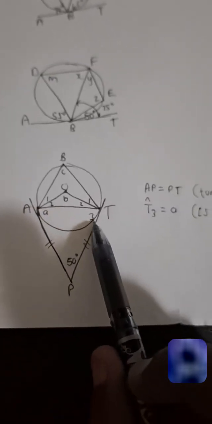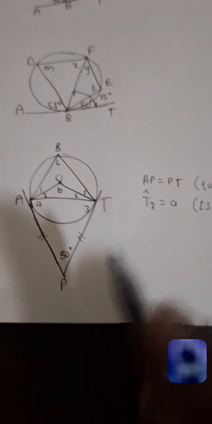Now you can go on to the next step, which is calculating them. We are going to say 180 minus 50 is equal to 130, divided by 2. So you had 2A is equal to 180 minus 50, and the reason is the sum of angles in a triangle.